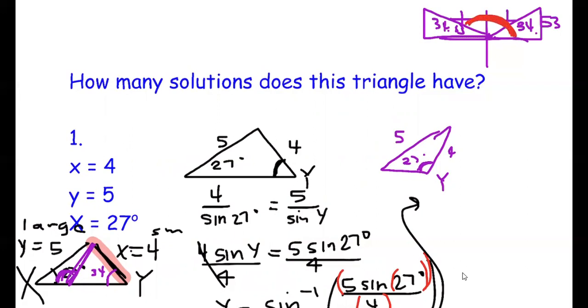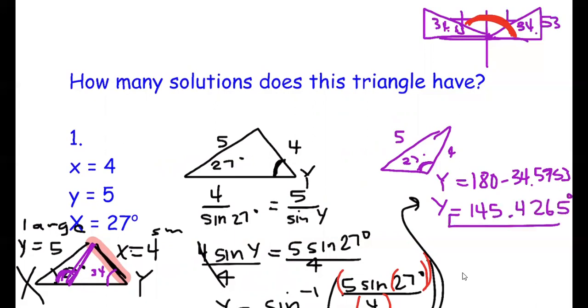Okay, so to get our other angle Y, I'm going to take 180 minus 34.5753. And what I find is that my other angle Y would be 145.4265 degrees is what we're left with, okay?